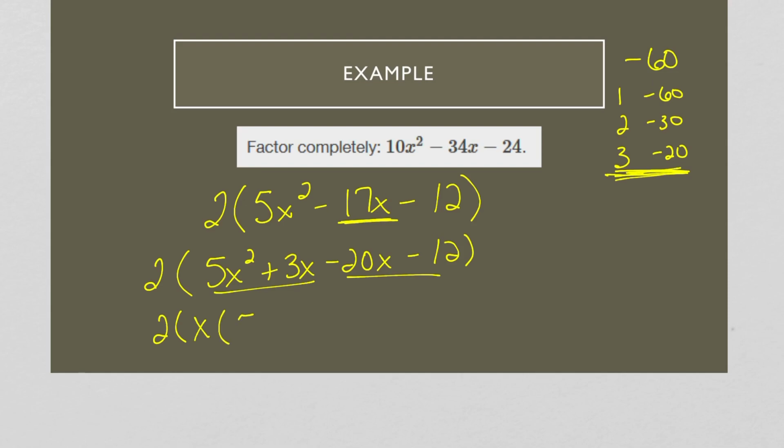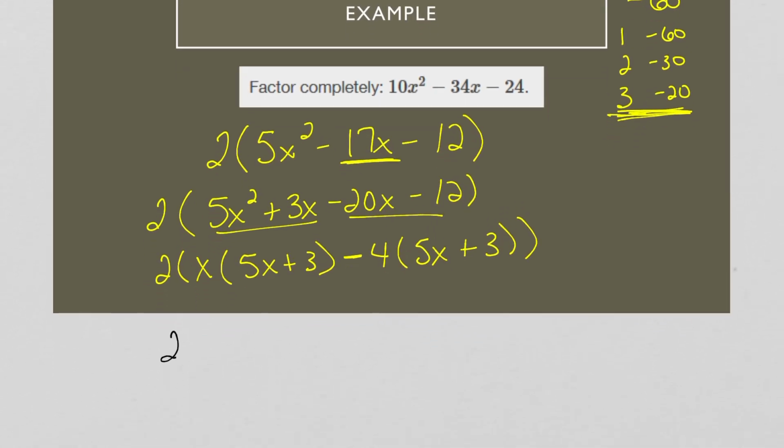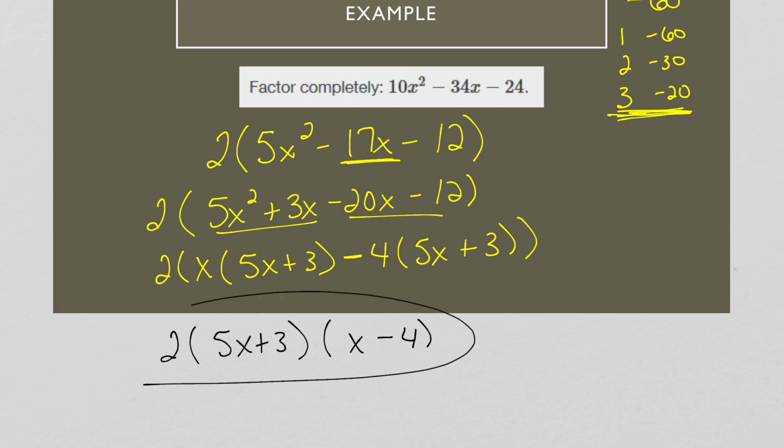And that would leave us with 5x plus 3. And now out of these, I'm going to bring down my minus. I can factor out a 4, which leaves us with 5x plus 3. By the way, I put 2 parentheses here because this one goes with this one out front. All right, so now we're going to, the 2 stays out front. I'm going to factor out my 5x plus 3, and I'm left with x minus 4. There we go.